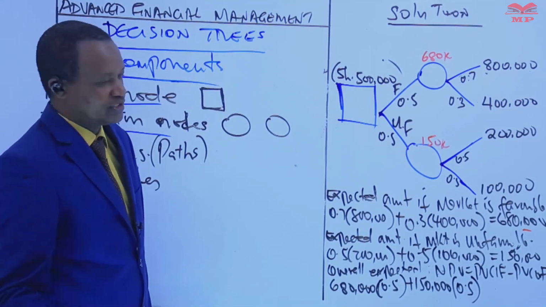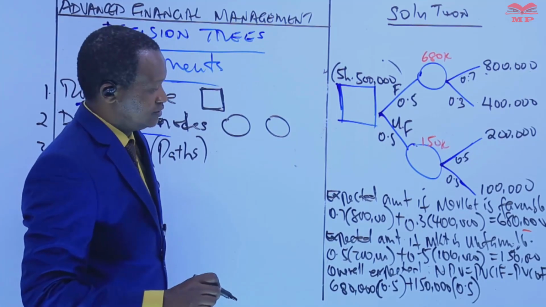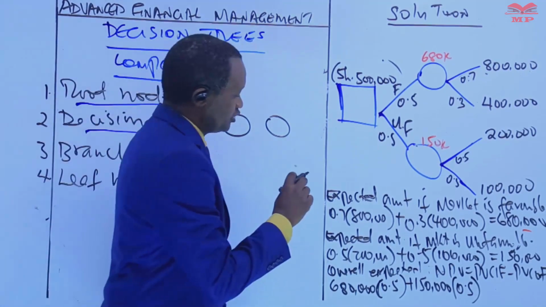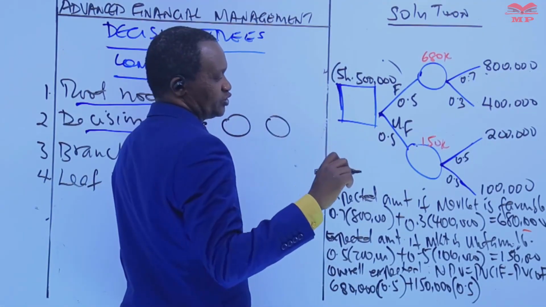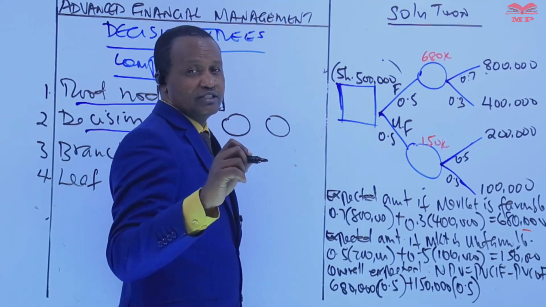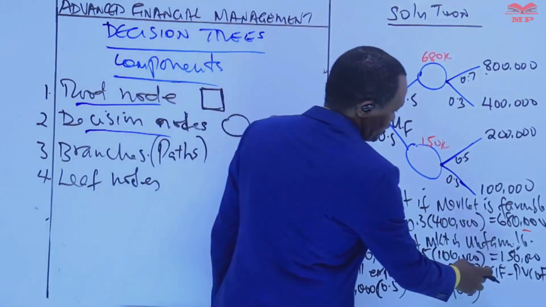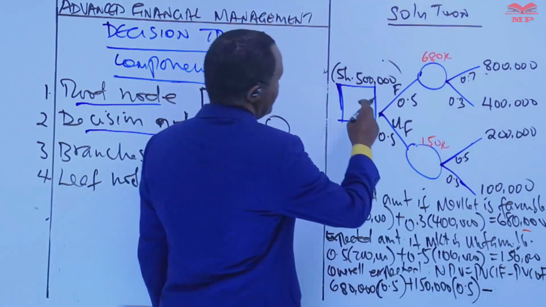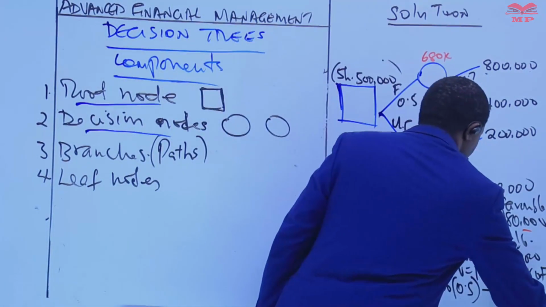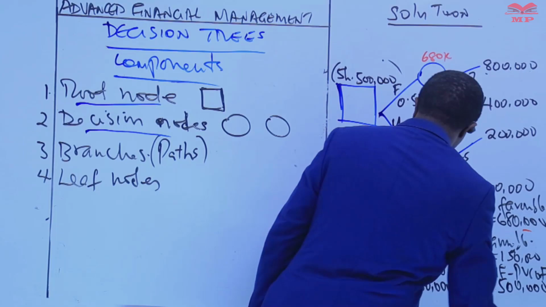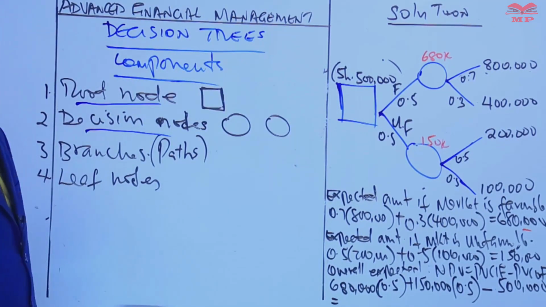The question, candidates, is simplified so that I want you to concentrate on the concept. All right, I want you to understand the concept first. So these two are present value cash inflows. That means the values have already been discounted. So the present value cash inflows minus the initial cash outlay of 500,000 will give us the NPV, which will be either positive or negative.